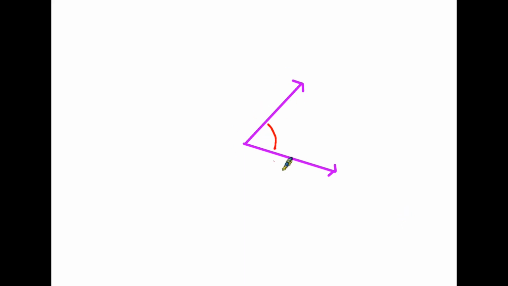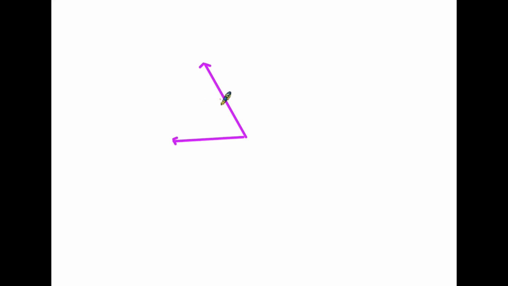So you can start in any direction. It's also worth mentioning that it could be a situation where you actually start with a line that is in that direction and ends up in this direction, and in fact what you have done is turned in the opposite direction, anti-clockwise.